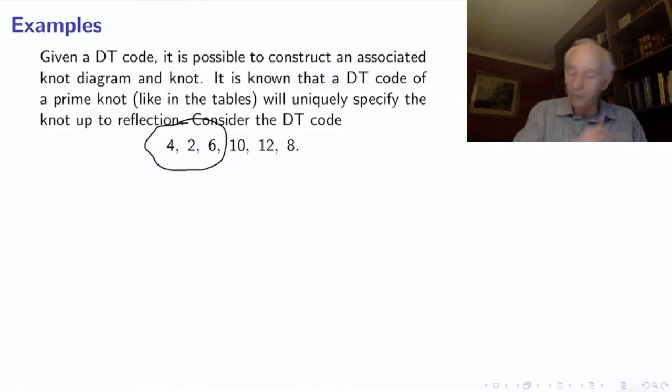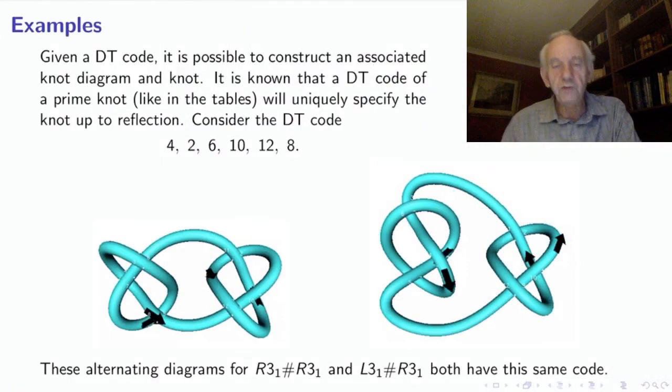Let me just show you. I think I can do that, and then I'll try and explain. You see, because of the problem of the mirror images, if we take composite knots, we can combine a knot with its mirror image, and so the same code will give rise to two knots which are not mirror images of each other.